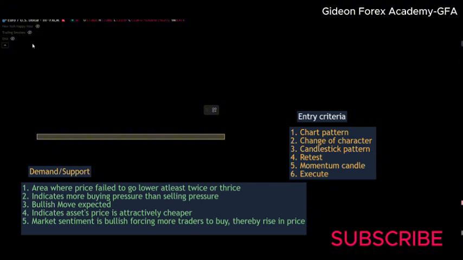Okay, so let's say the price action was forming lower lows and lower highs, and that price was dropping. The price of the asset was dropping for some time, and then it gets to an area where the price cannot break any lower. That becomes a support zone or demand zone.